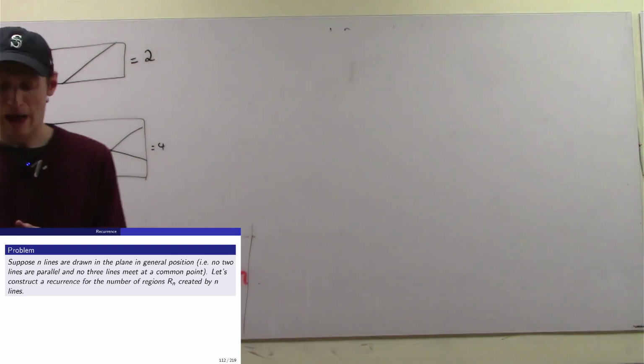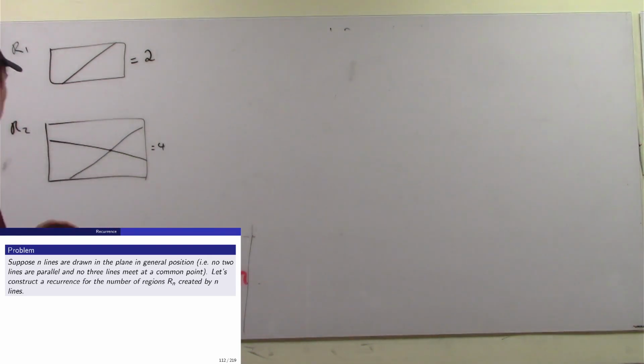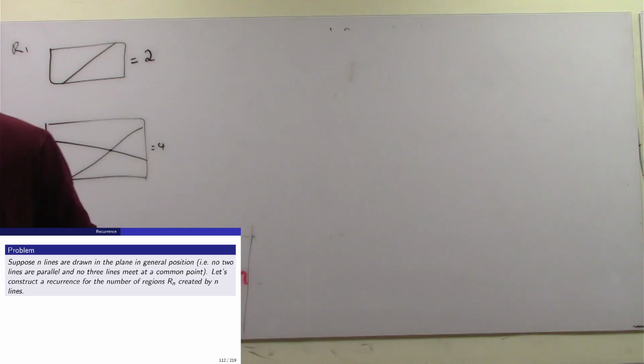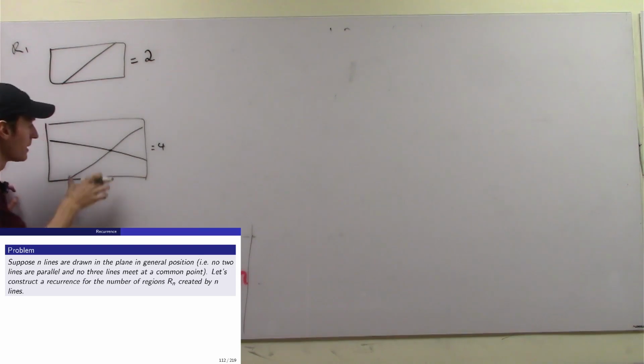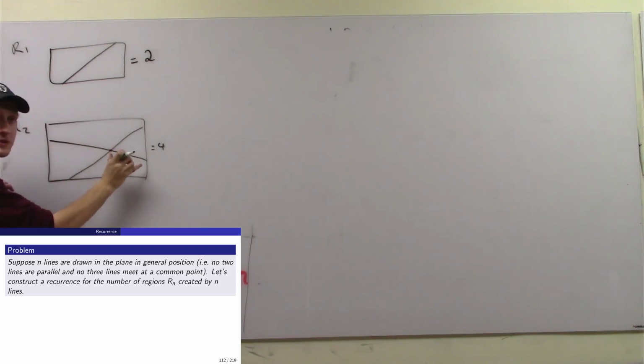I'm going to now highlight some idea. I noticed that my newest line that I've drawn is split up into subsegments, smaller segments, based off of intersection with other lines.